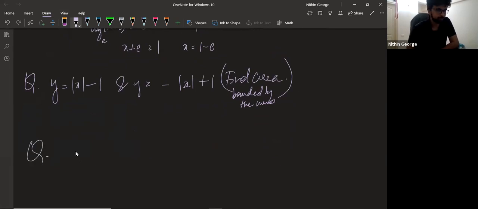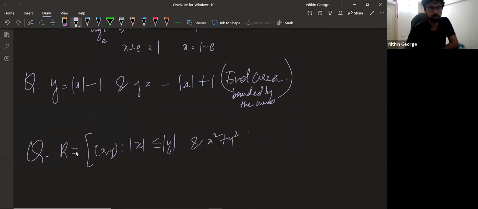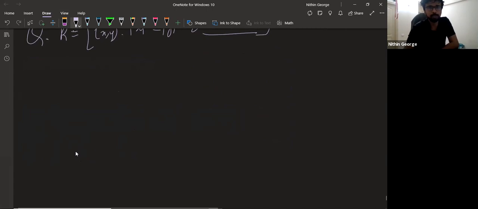Now, the next question is: find the area of the region denoted by R, which is the set of all points (x, y) such that mod x less than or equal to mod y and x square plus y square less than or equal to 1. X square plus y square less than or equal to 1 means you are looking inside a circle.